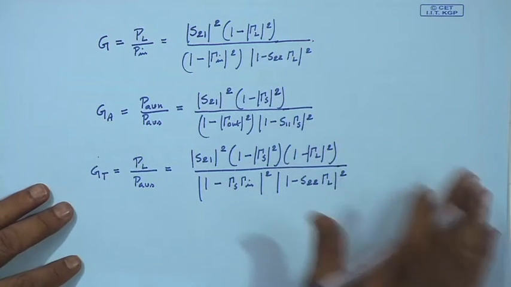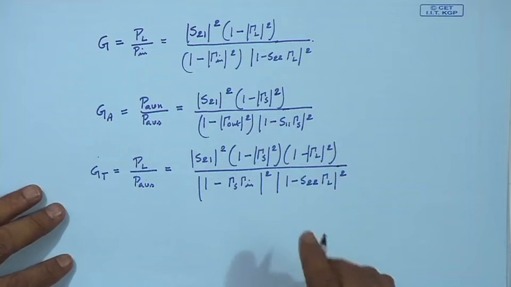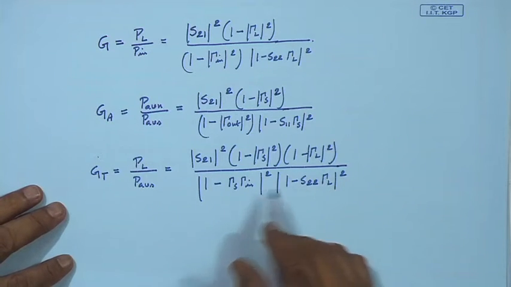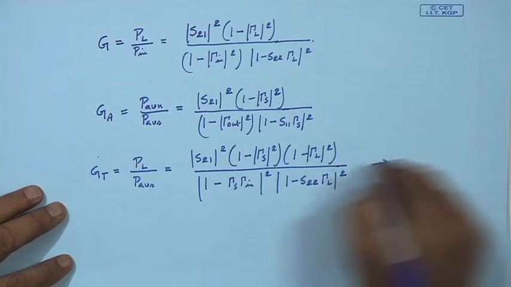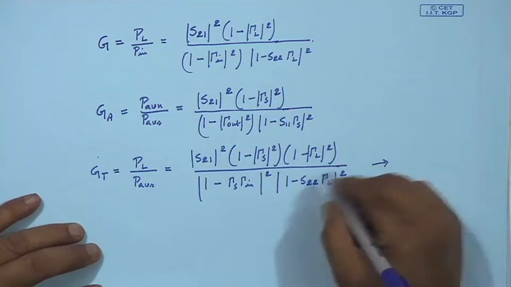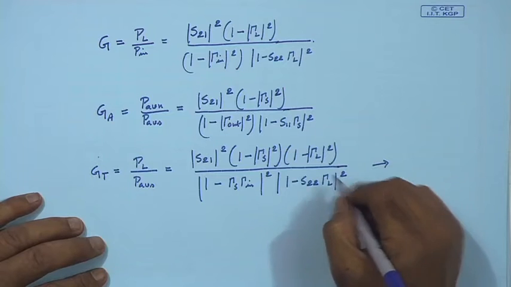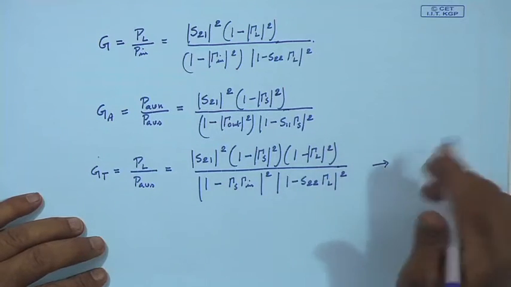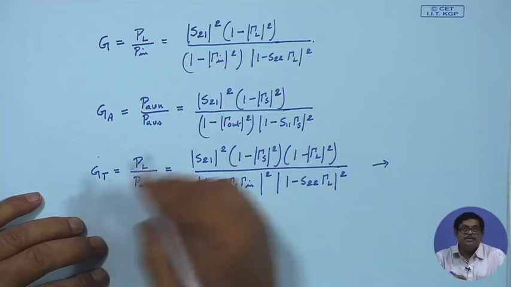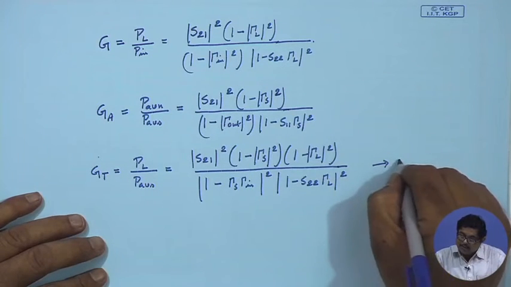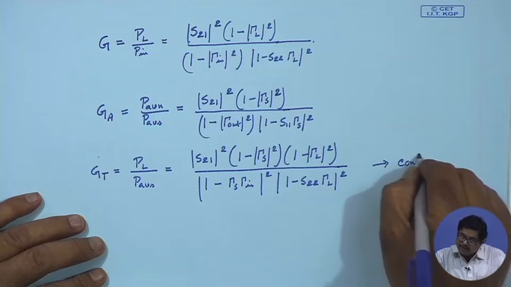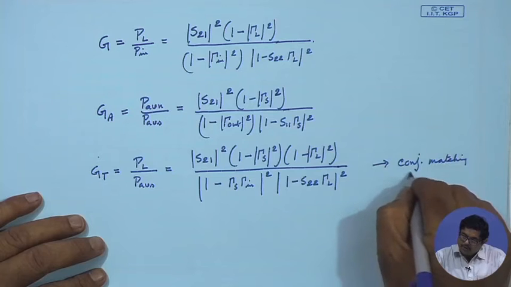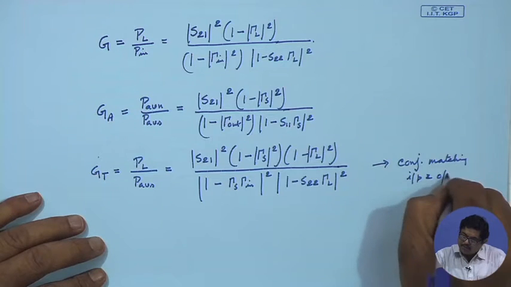Now you see that sometimes this is the maximum gain possible, but for this we require GT, the maximum gain possible for a particular gamma L, gamma S, which is conjugately matched with the input and output impedances. This is the maximum that we can achieve, and so please remember that this is for conjugate matching on input and output side both.